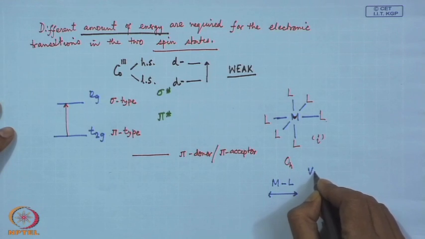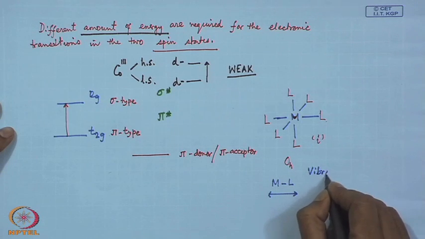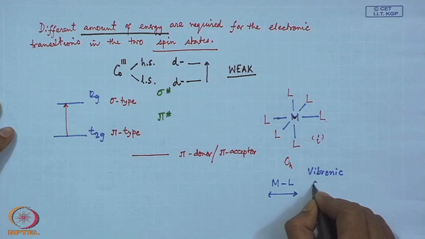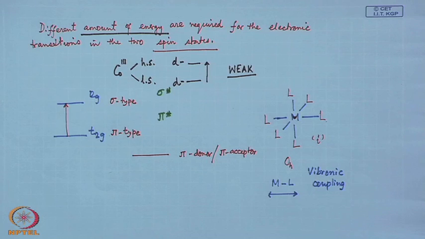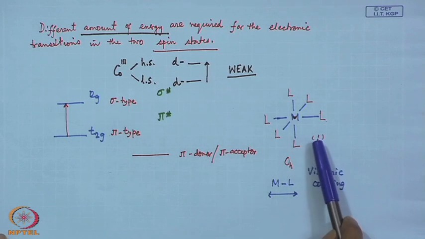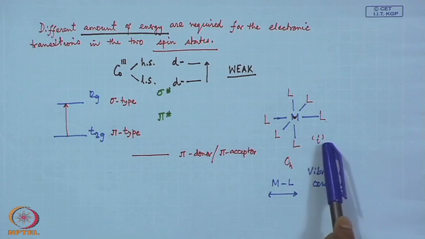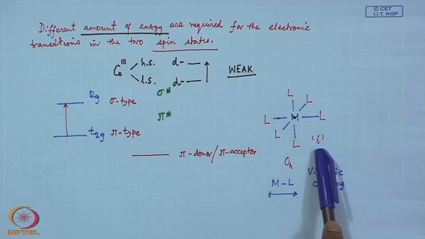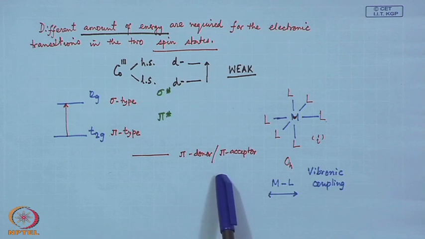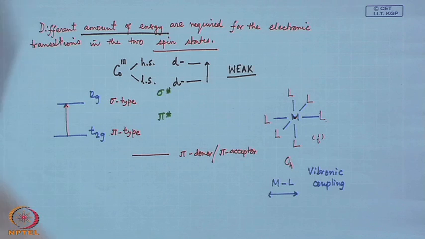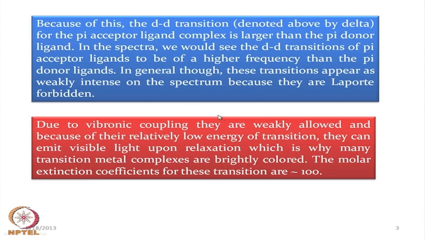Due to this vibration we have a mechanism known as vibronic coupling, which is responsible for destroying the symmetry, and once the symmetry is lost we get some relaxation for the g to g transition, which is otherwise Laporte forbidden. So, due to vibronic coupling we have a little bit of relaxation of these rules.